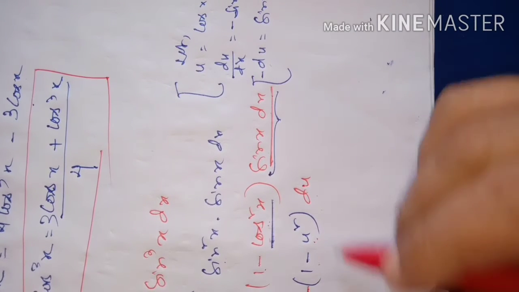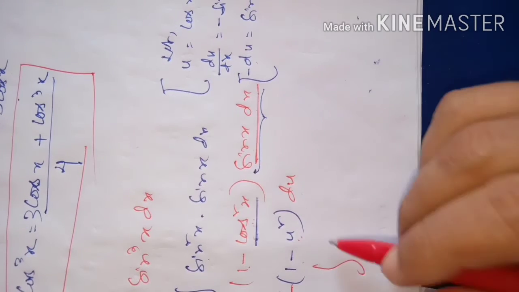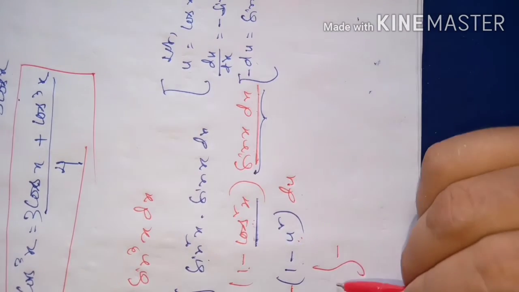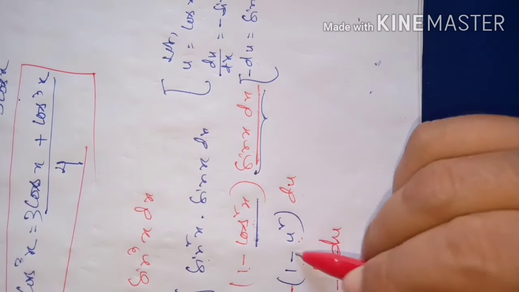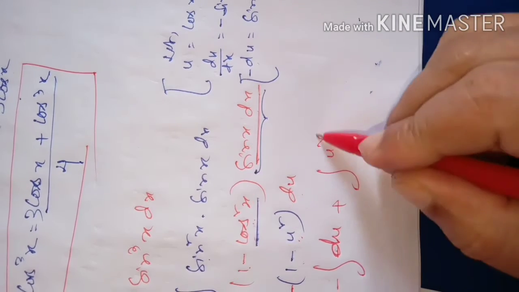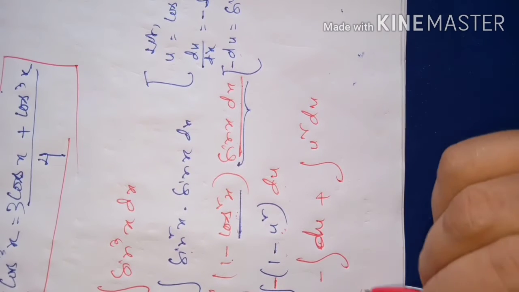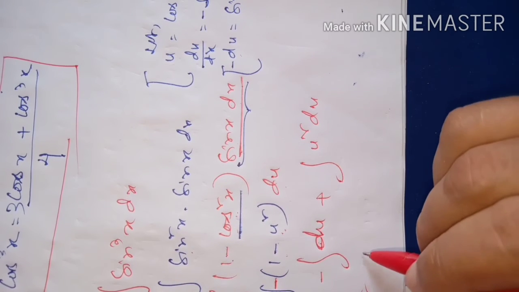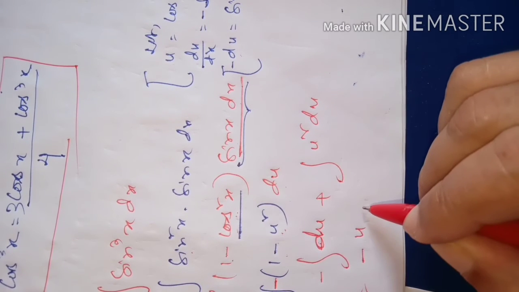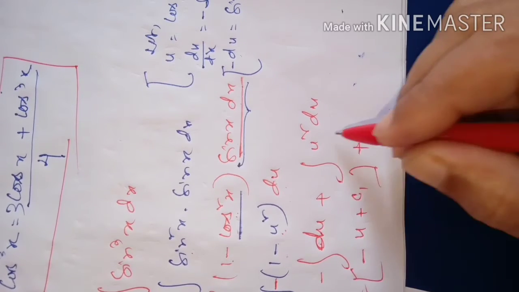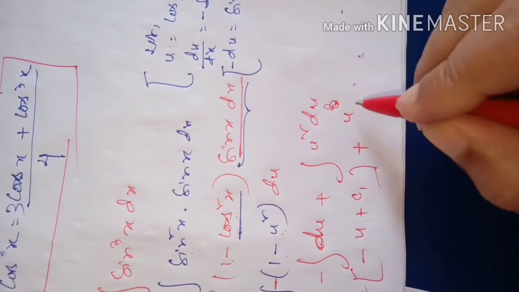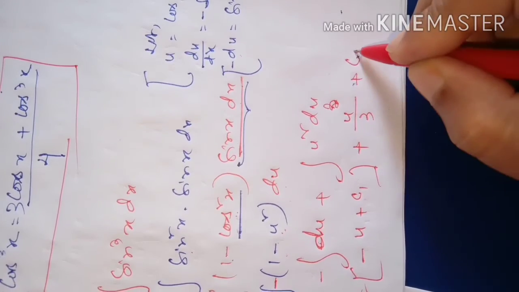So then we can separately write it like this: integration of minus du plus integration of u square du. Its integration will give us minus u plus a constant, say c1, plus u cube by 3 plus another constant, say c2.